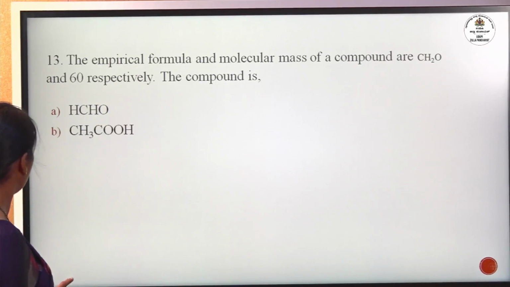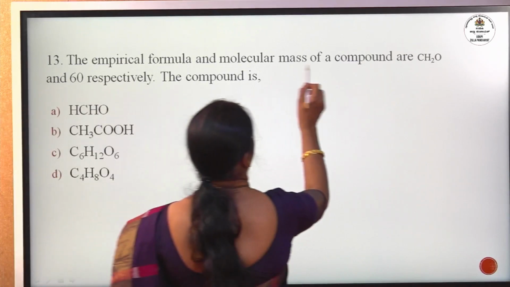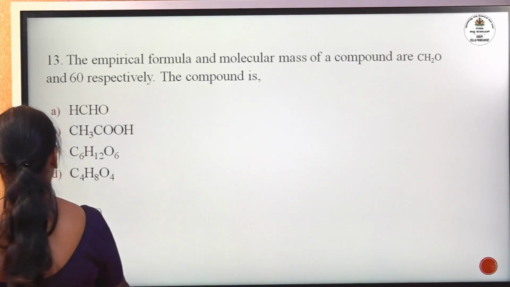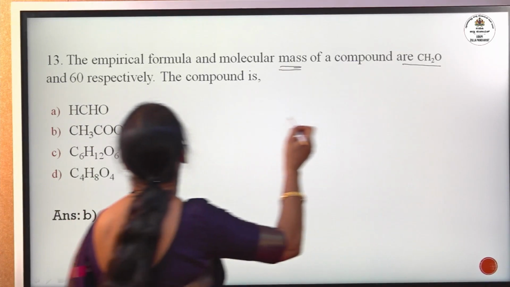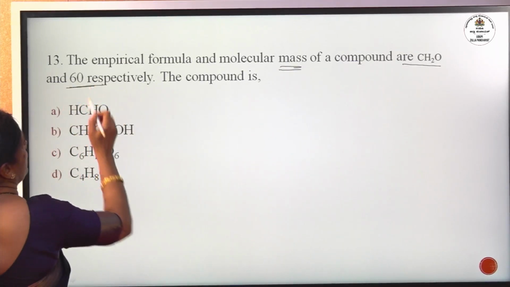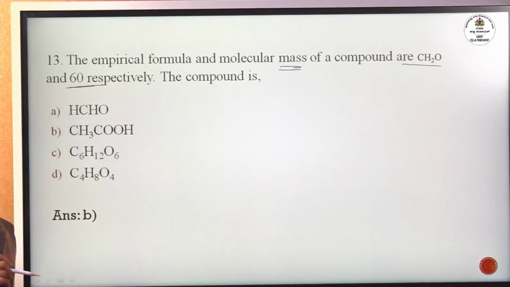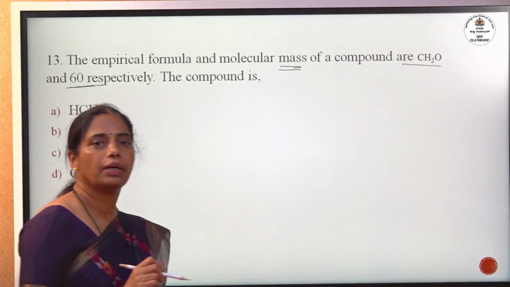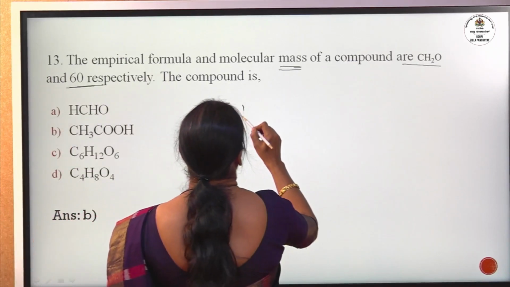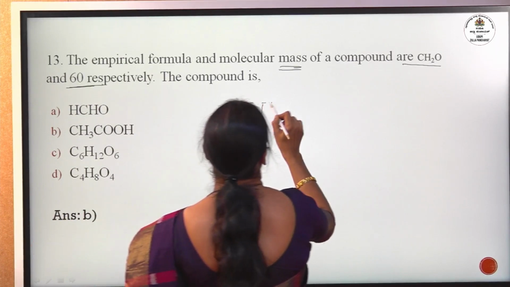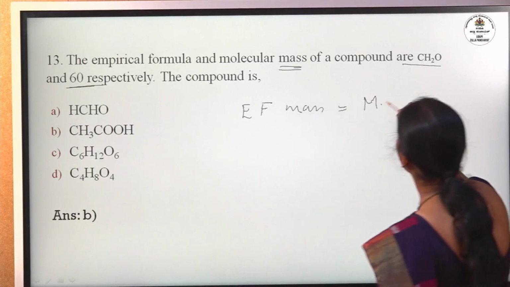The empirical formula and molecular mass of a compound are CH2O and 60 respectively. The compound is, we should identify the compound with this molecular formula, empirical formula and molecular mass. Now the molecular mass is a multiple of the empirical formula mass.